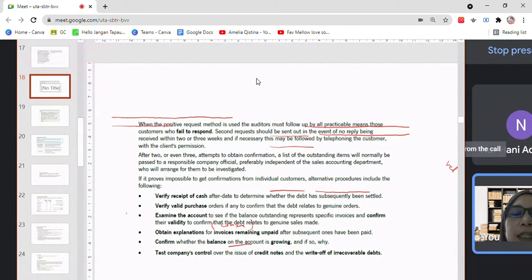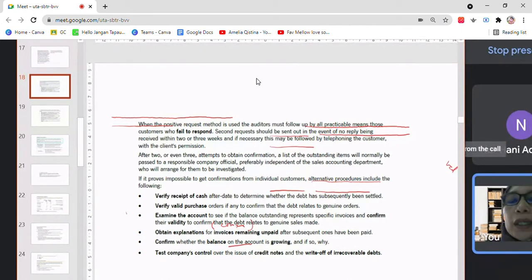Okay, let's say the follow-up procedure, or the alternative procedures. What should you need to do? You can verify the cash receipts after date to determine whether the debt has subsequently been settled.